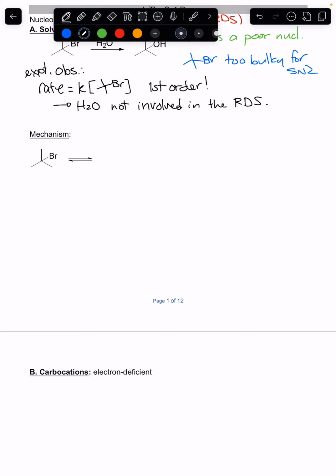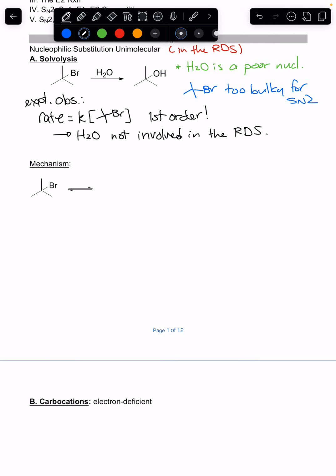So let's think about this. Because it's first order and it really just depends on this molecule, the hardest part of the reaction must be happening all by itself, like this: the leaving group leaving. How do I know that?